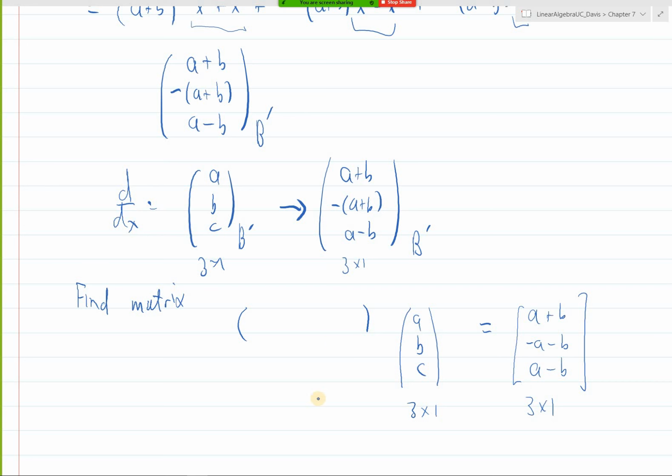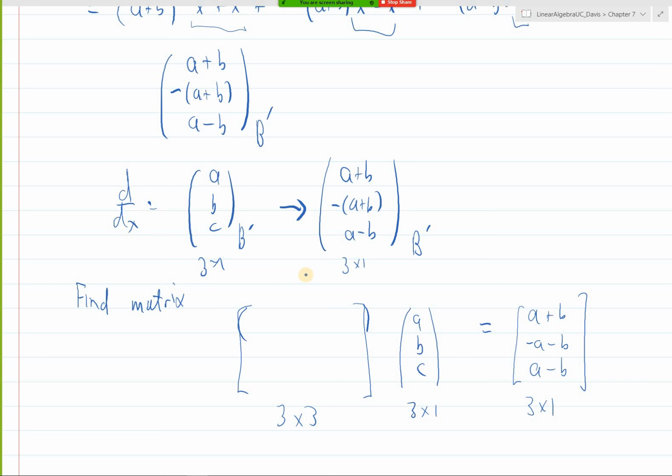3 by 3? Yes. 3 inputs, 3 outputs. 3 by 3. So let's go one row at a time. So we need an A plus a B. I'm going to go by row. Yes, go by row.